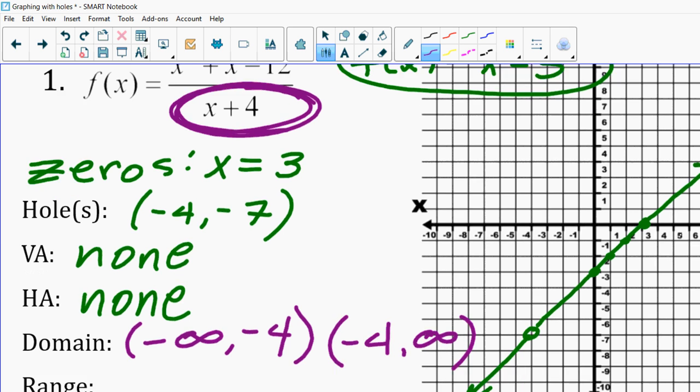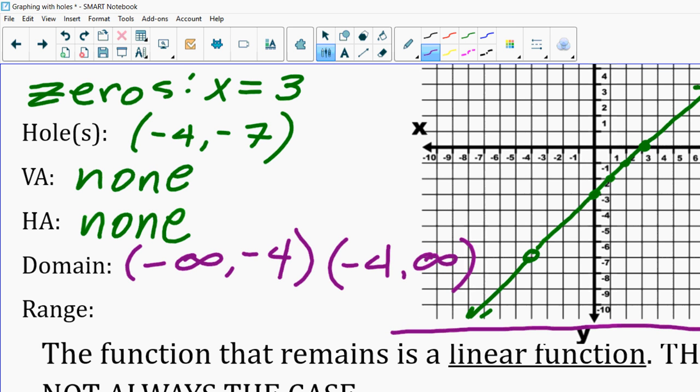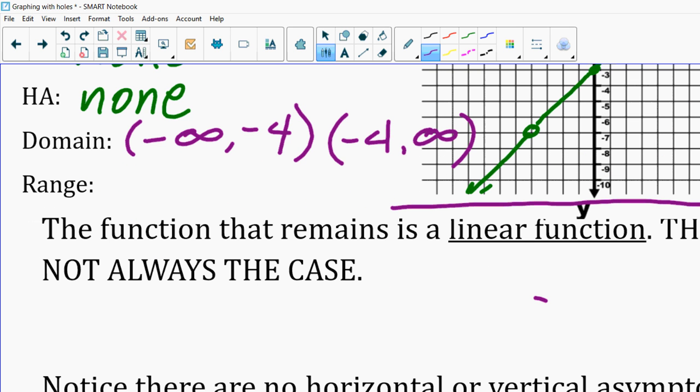Range. Range is the Y values. Read from bottom to top. Do you see any Y values that have to be left out? -7 has to be left out. So we're going to go -∞ to -7, and then pick up on the other side of -7 and go to infinity.